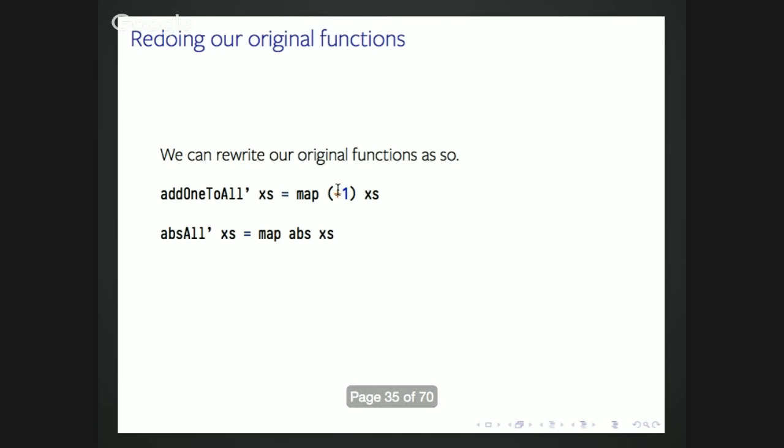For absolute all, it's a very similar definition: we just map the absolute value function over the list of xs. And for square all, we just map the square function over the list of xs. Note here also that we have included the infix operators with one of the arguments already applied. So this is actually a function that takes in one input and returns one output, instead of being a function of two inputs returning one output.